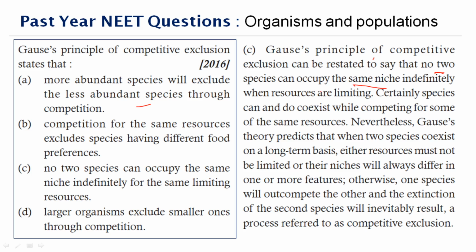When the resources become limiting, either they start sharing, and the resources again become limited, or the dominant one will kill the second one, or the animal might move to a different niche. So this is what this theory states. Therefore, the right answer is option C. No two species can occupy the same niche indefinitely for the same limiting resources. This is what the Gause principle states.